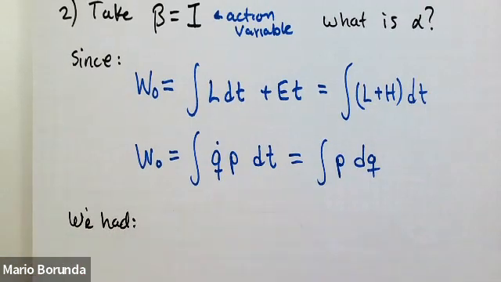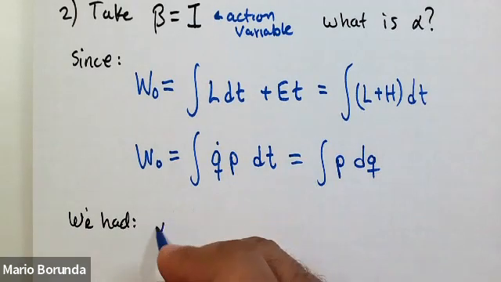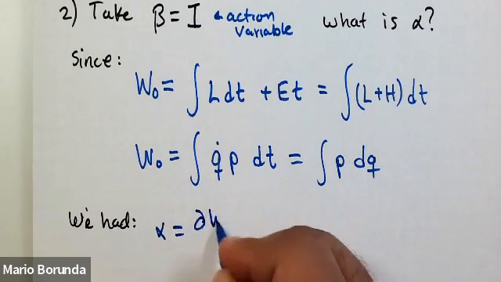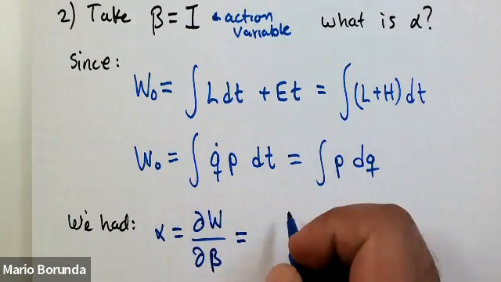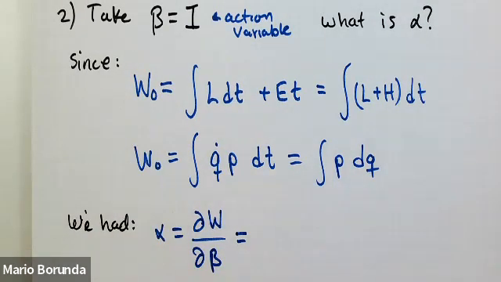So we had as definitions that alpha is equal to the partial of W with respect to beta, right? And what we know is that beta is now going to be I, the action variable.